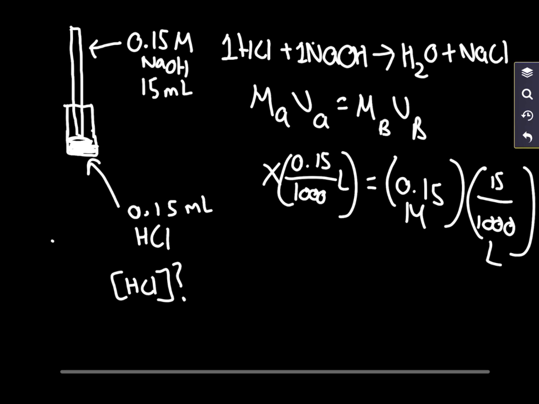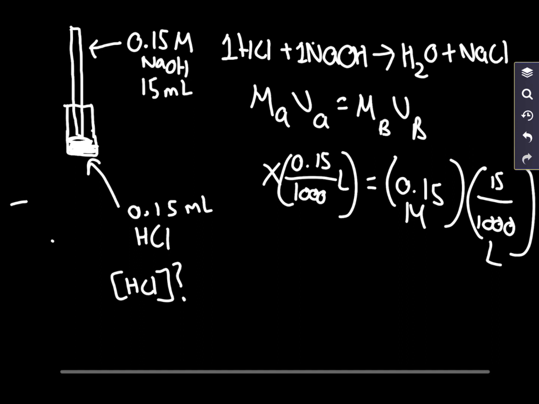This is how to actually solve for the molarity of your acid based on titration data. So let's say we have a 0.15 molar NaOH, and we have 15 milliliters of this. And this is what's going to be used to titrate to find the concentration of HCl, all right?